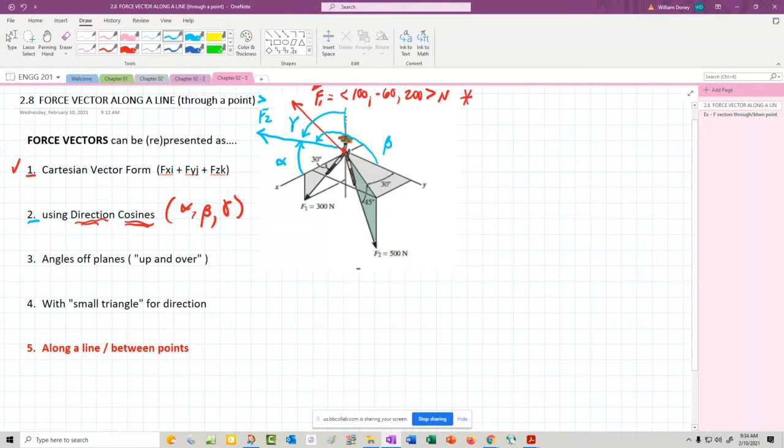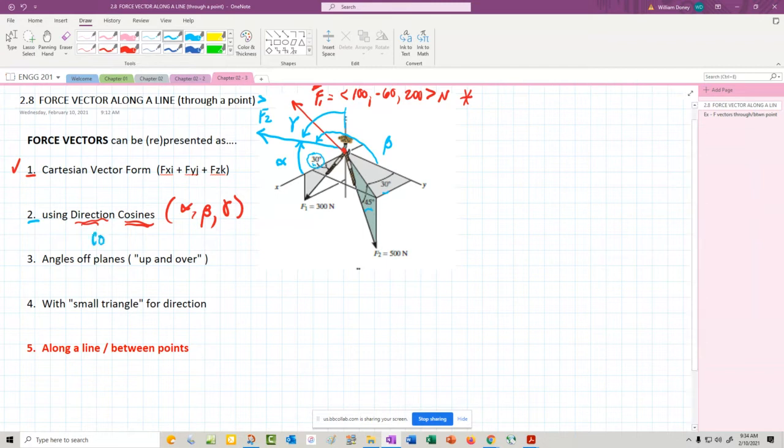So if a force is presented with those angles, be careful, because the ones that are shown here, there's 45, 30, and 30, are not technically direction cosines. I mean, this one we could argue is, because it is measured from the x-axis. So technically that could be an alpha, but typically we're shown at least 2 of those, if not all 3.